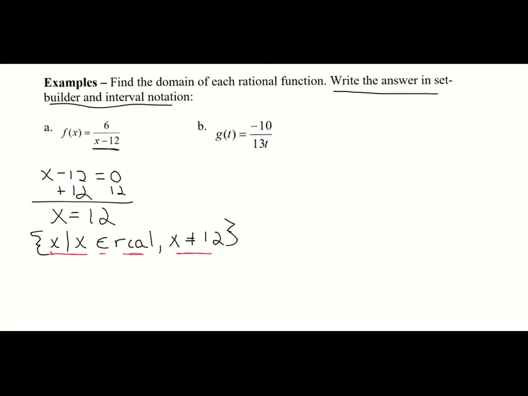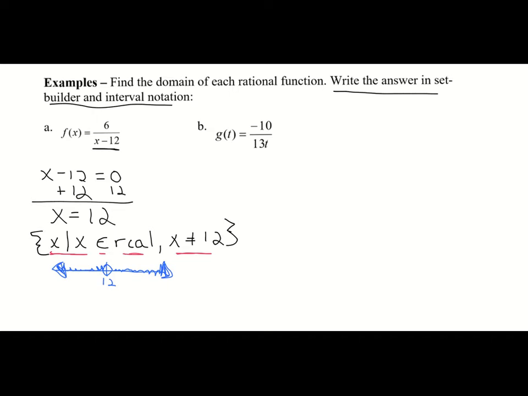Now, when we do interval notation, basically, interval notation is copying that number line. So if I were to graph this on a number line, I can use any number except 12. I can't use 12. So that would be almost like having an open circle, if you recall, for graphing, on 12, and then shading to the right and to the left, because it's anything but 12.